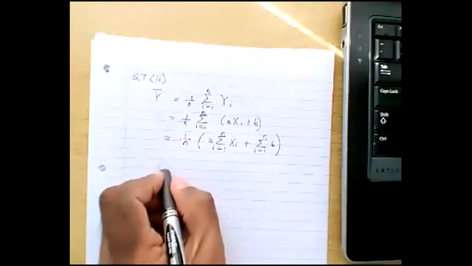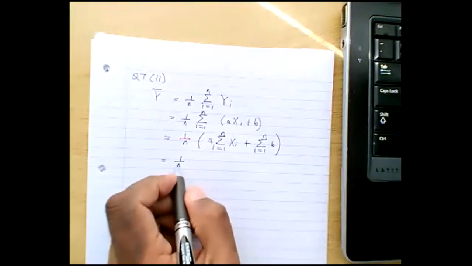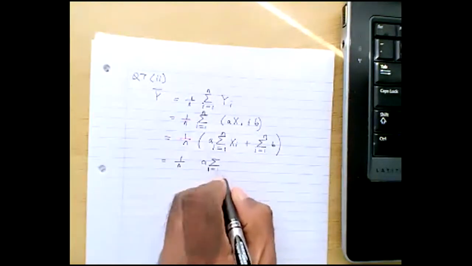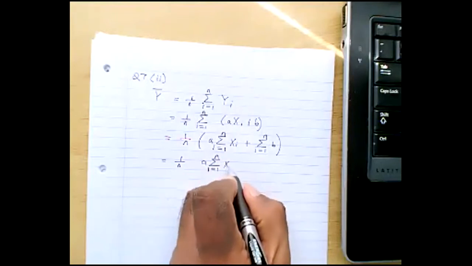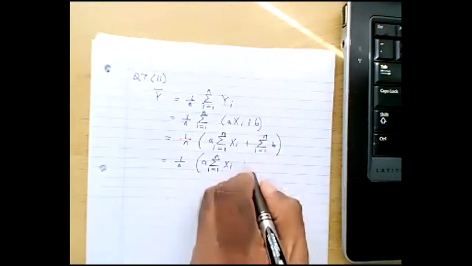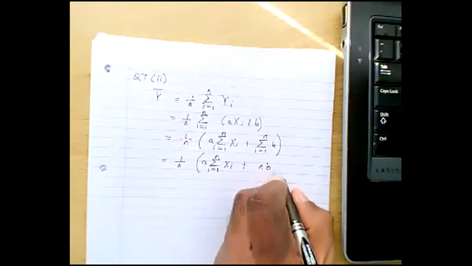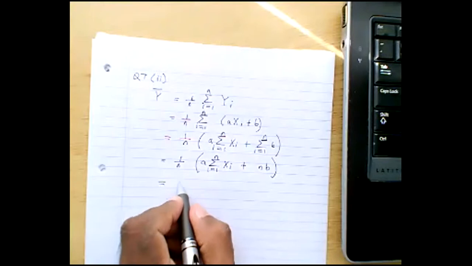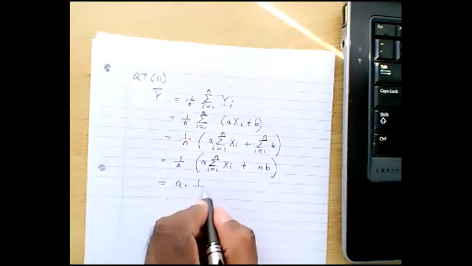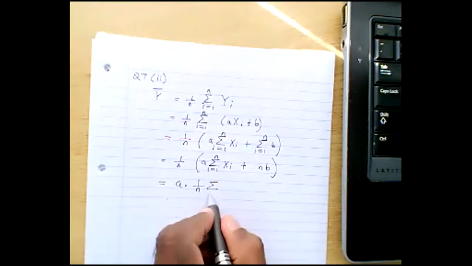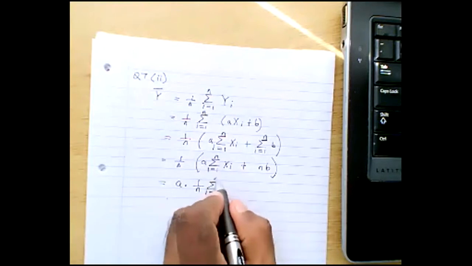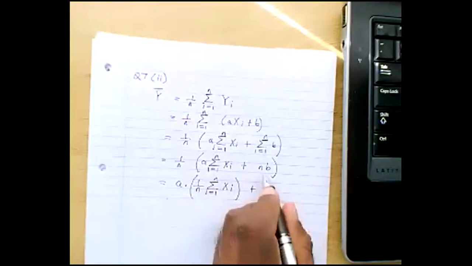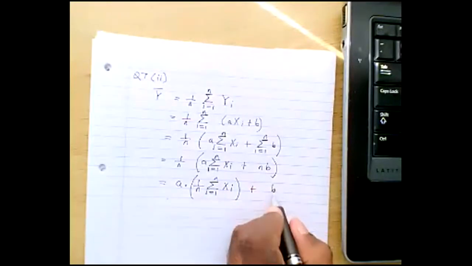So this becomes 1 over n times a sum of xi. Now the sum of b is n times b. Okay. Now if you divide by n, you get a multiplied by 1 over n times the sum of xi, plus nb divided by n is b.